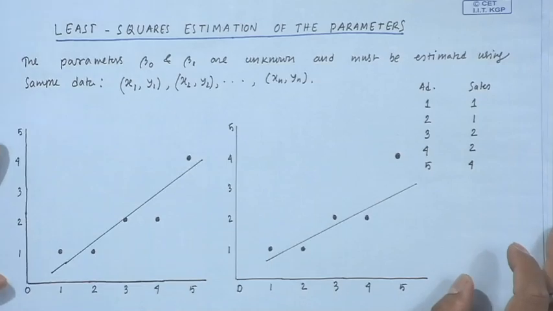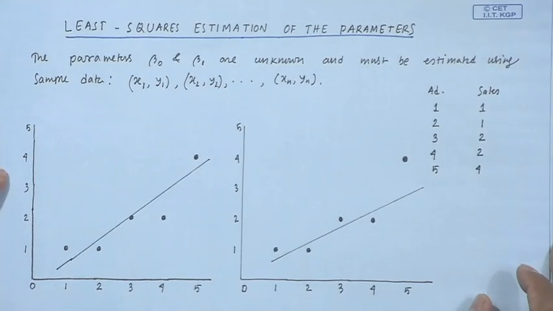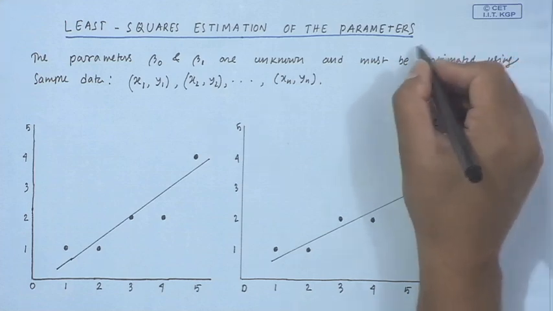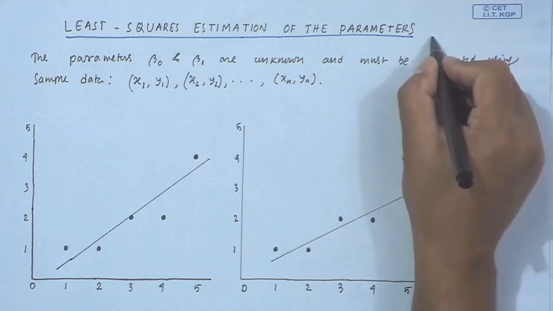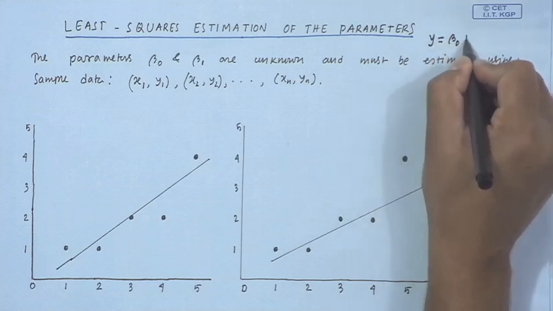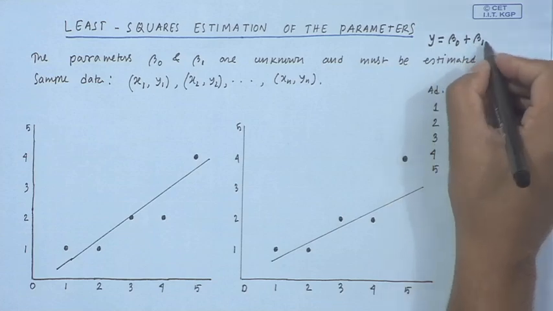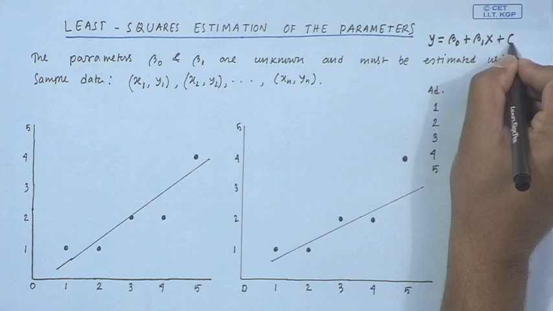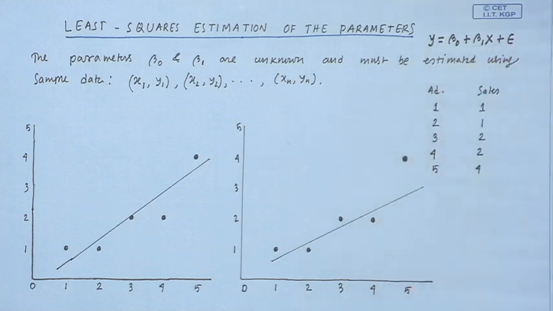Okay. So, next we will move to least square estimation of the parameters. We know what the simple linear regression model is: y equal to beta naught plus beta 1 x plus epsilon.